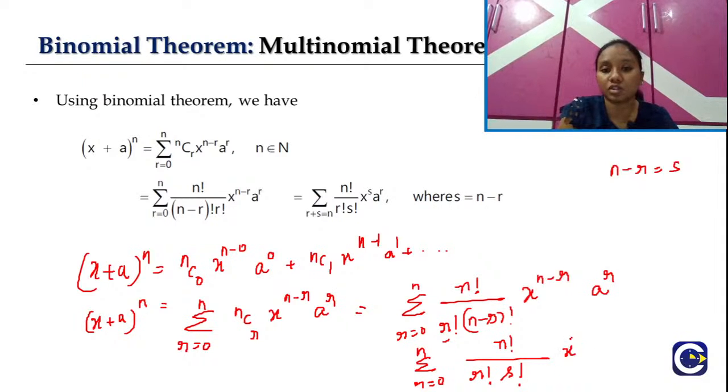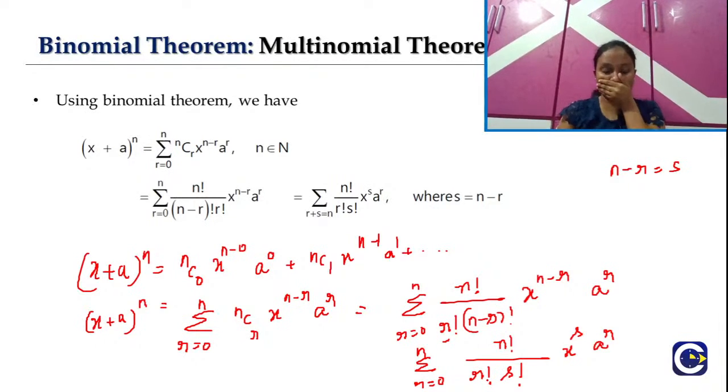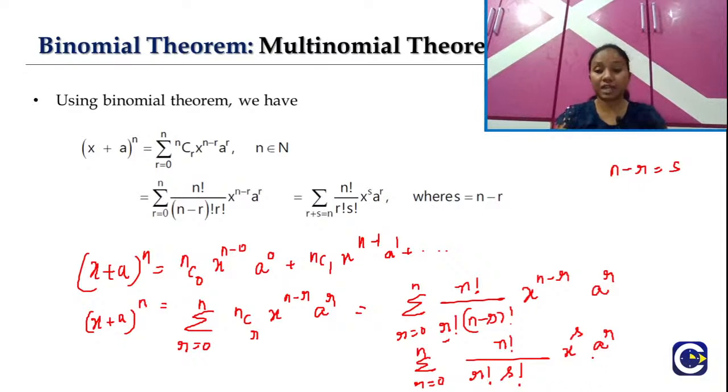Similarly, the power of x is also s, and a^r. So we have simplified it further: (x + a)^n equals sigma from r equal to 0 to n of n factorial divided by r factorial into s factorial, into x^s into a^r. We have converted our general binomial theorem into a simplified version.